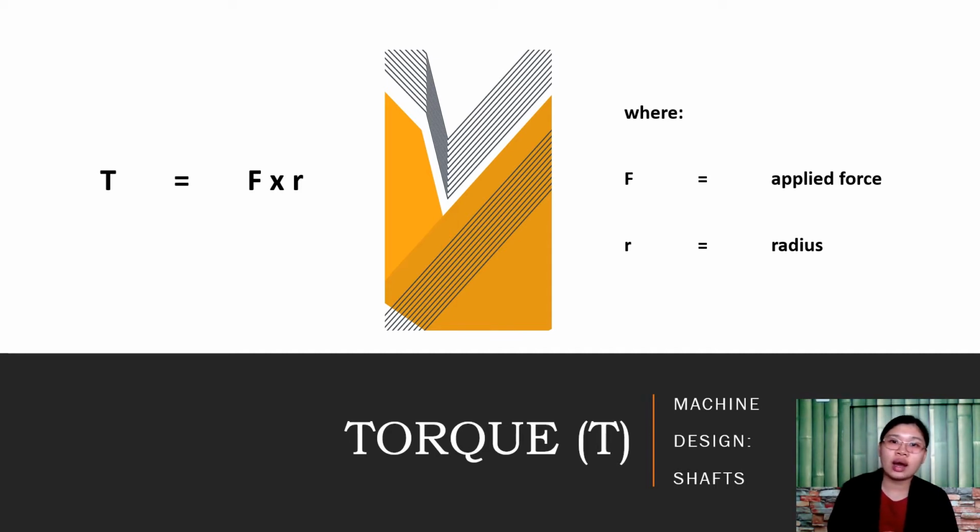In English unit, if your force is in pound force and your radius is in inches, your resulting torque is pound force inch. But in the provided formula for power, you need to use pound force feet.